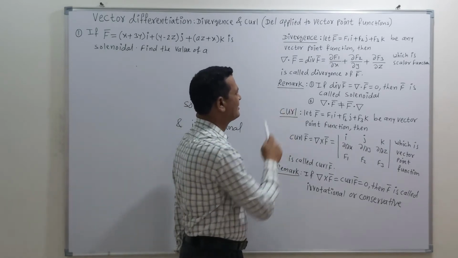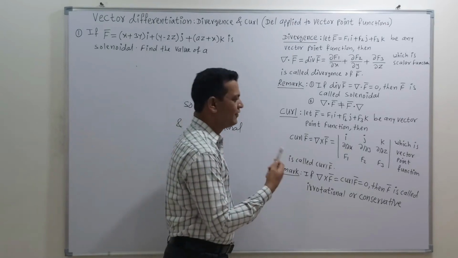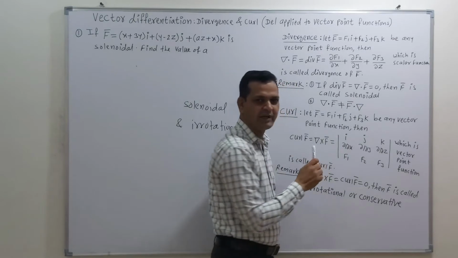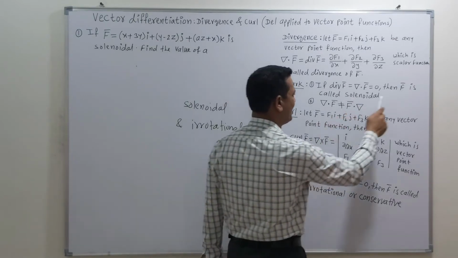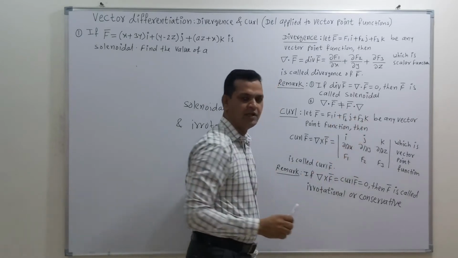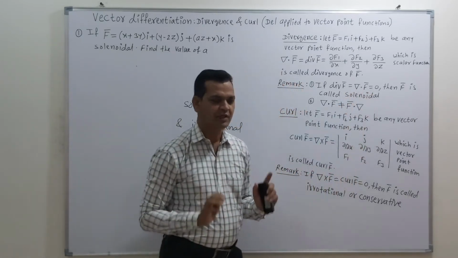If divergence of f bar, that is del dot f bar, is equal to 0, then such a vector field is called solenoidal. So a vector field is solenoidal means the divergence of that term is equal to 0.